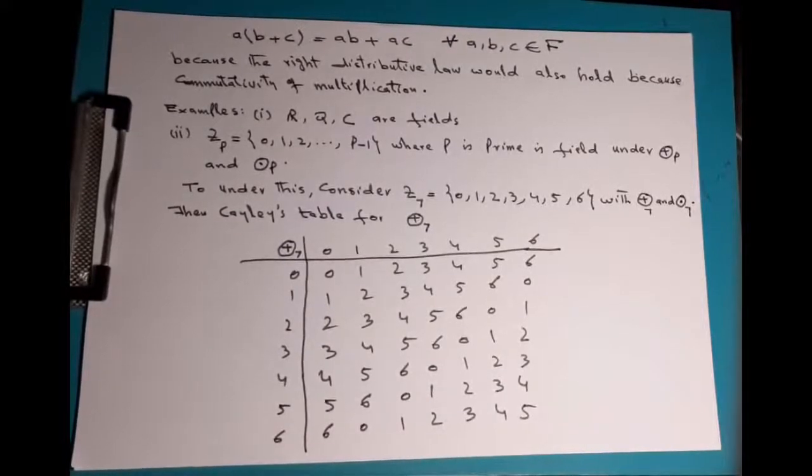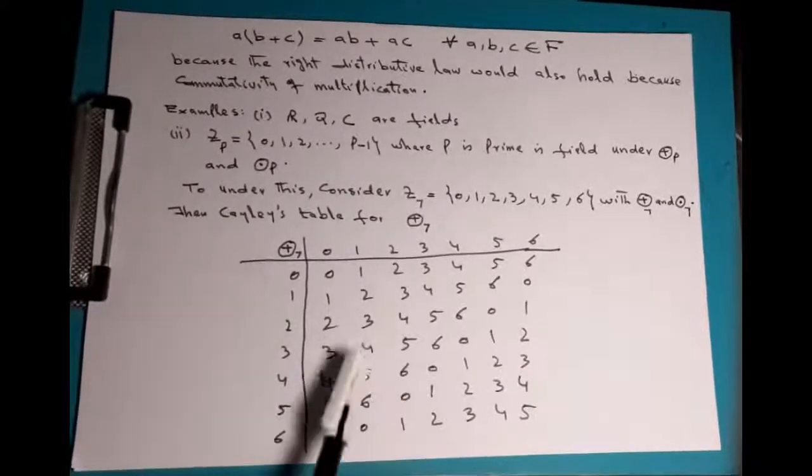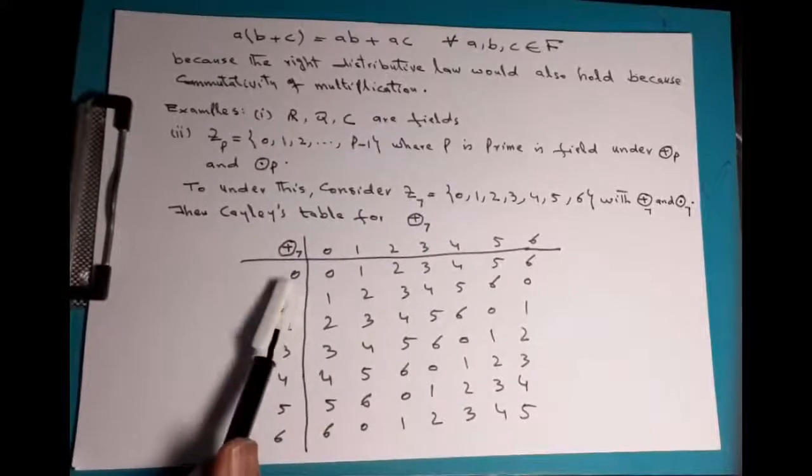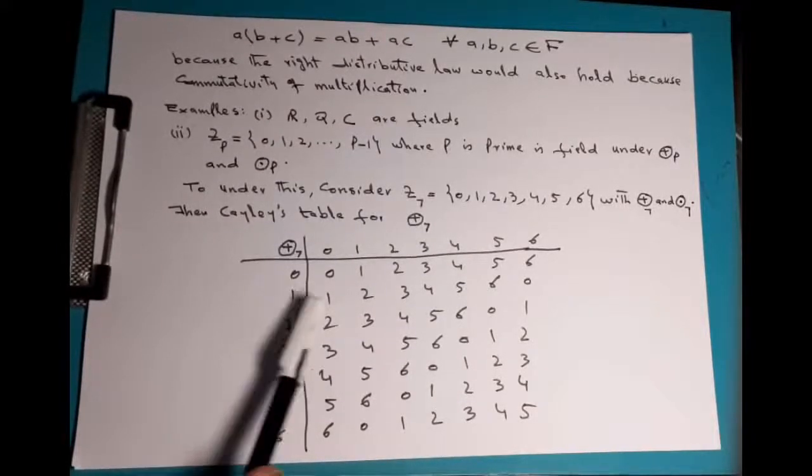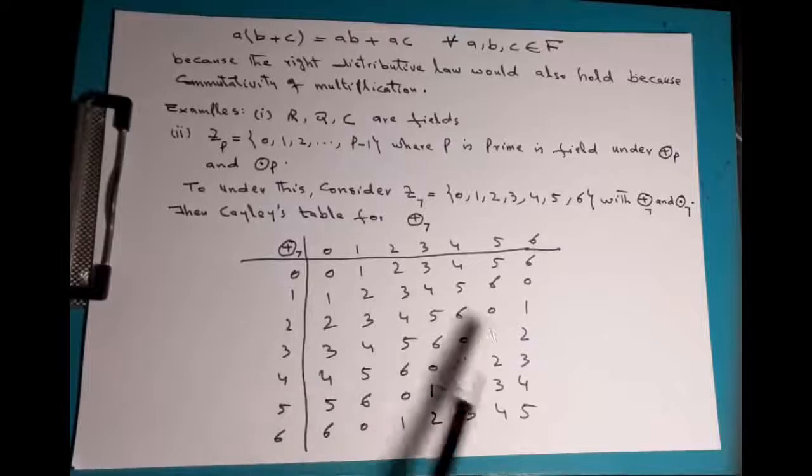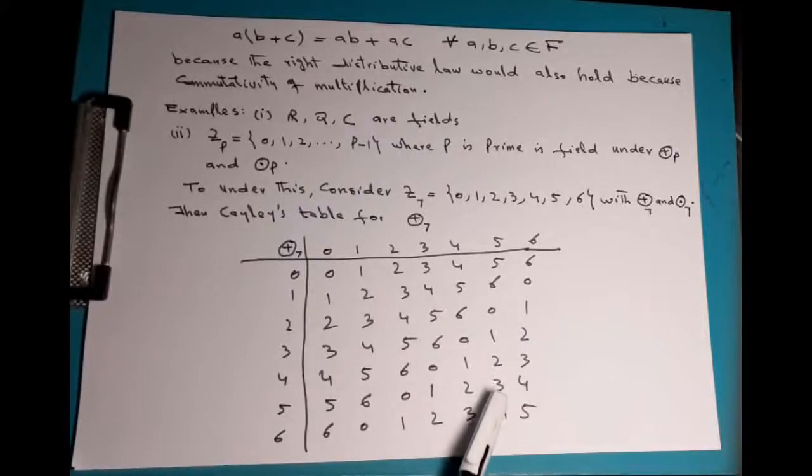And you can see from this table that Z7 is an abelian group under addition modulo 7. It is closed under this particular binary operation. 0 is the additive identity, inverse of every element you will find in it. And you can check the associativity by inspection.